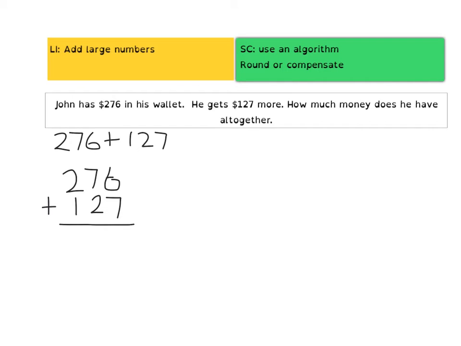If I rename this number, 276 just looks like 200 plus 70 plus 6, and 127 is 100 plus 20 plus 7.